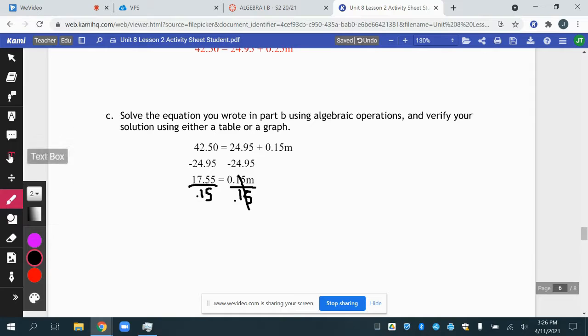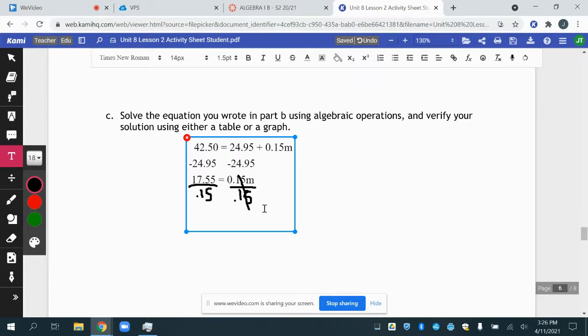Those two cancel out. I'm back here with whatever 17.55 divided by 0.15 is. Let's find out what that is. That gives me 117.